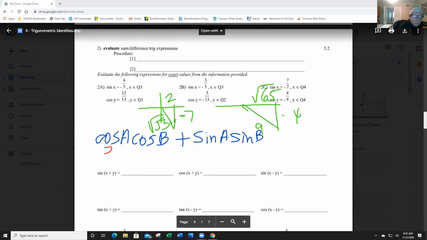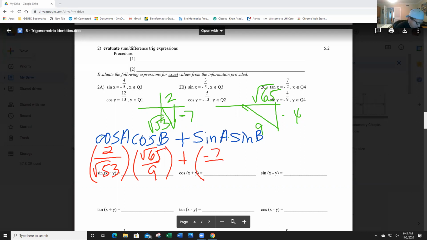We've got 2 divided by radical 53 times the cosine of b, which is radical 65 over 9, plus the sine of a, negative 7 over radical 53, times the sine of b, which is negative 4/9.